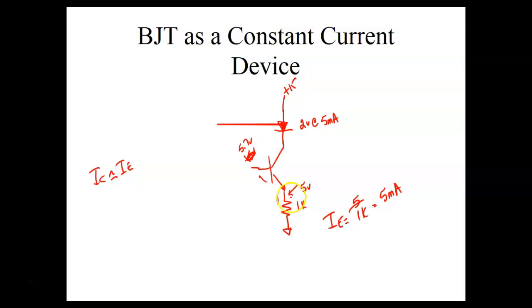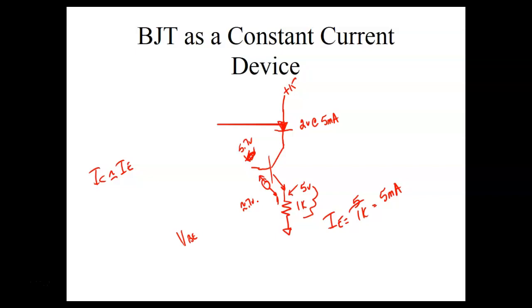What happens is we're setting our current with this emitter resistor right here. This is where that base-emitter voltage comes into play. If I measure between the base and emitter, it's going to measure approximately 7 tenths of a volt, which would be true.